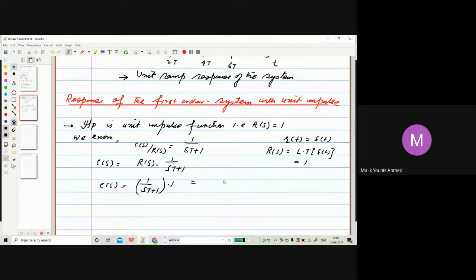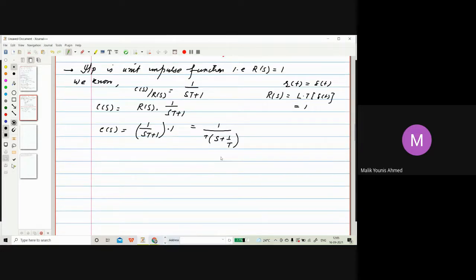For taking the Laplace inverse, we take T common, that will be s plus 1 by T. Taking the Laplace inverse, c of t will be equal to 1 by T into e raised to the power minus t by T, for t greater than 0.